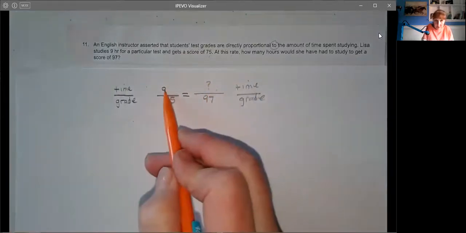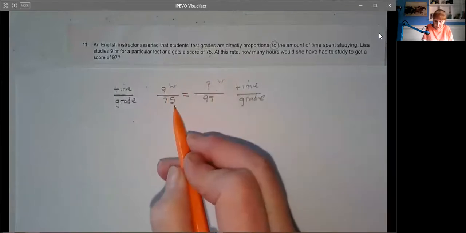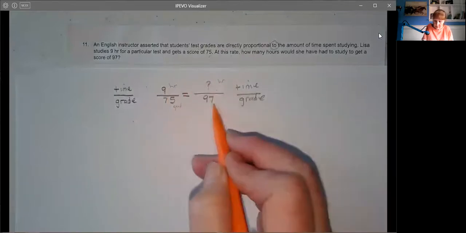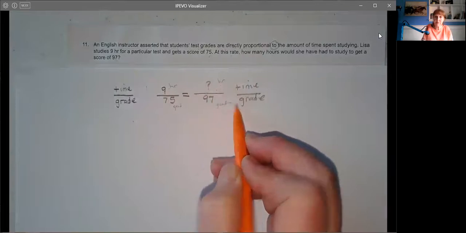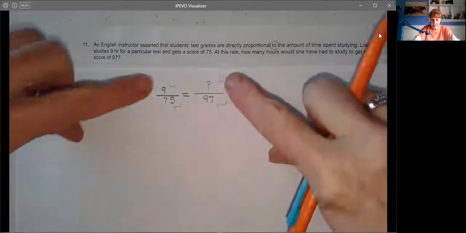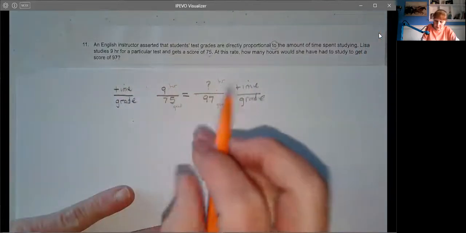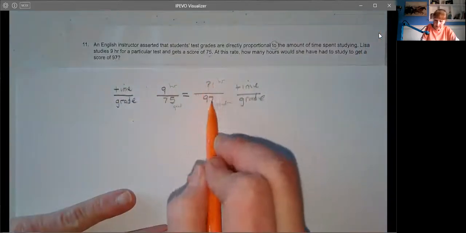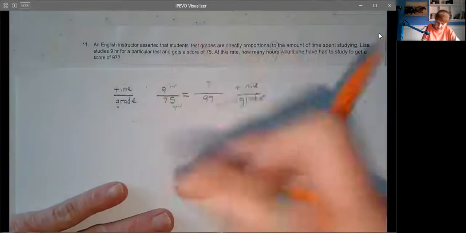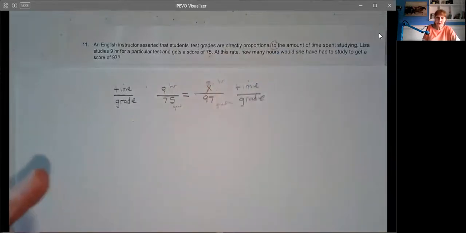I have hours across from hours, grade across from grade. That's what's important, is the consistency. The numerators need to match, the denominators need to match in their units. These units need to match these units. So rather than use a question mark, how many hours to get a 97, I'm going to use a variable x. And now it's just like the other page.